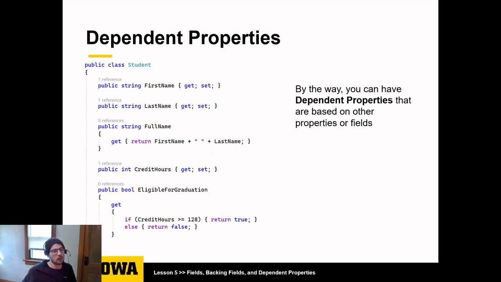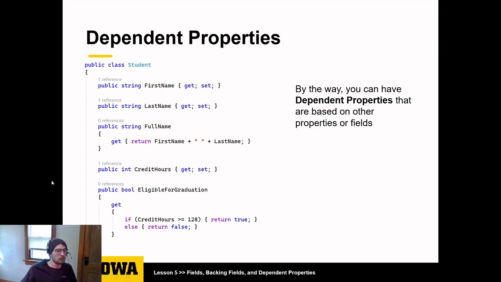Okay, so we can add in instructions to derive new properties based on our existing properties, or our existing fields. And they don't need to be the same type either. For example, we have this property eligible for graduation. This is a true or false Boolean value.